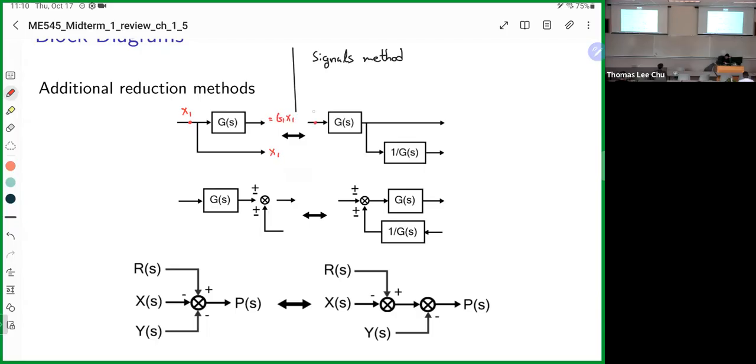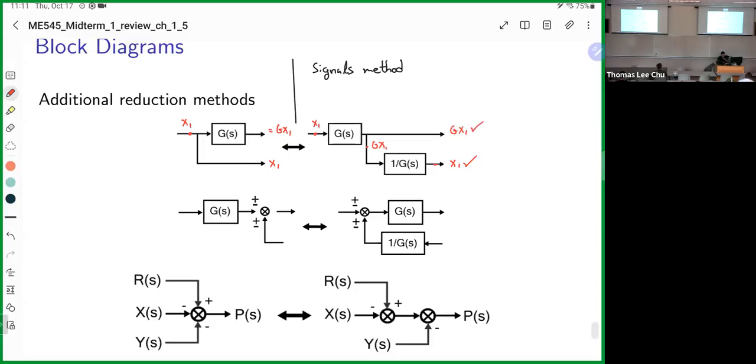So if I have x1 here as well, this point becomes g x1, and then multiply it by 1 over g. Oh, sorry, I don't have a g1 here, just x1 here. Then you get x1, which is good, and here we get g x1, which is also good.